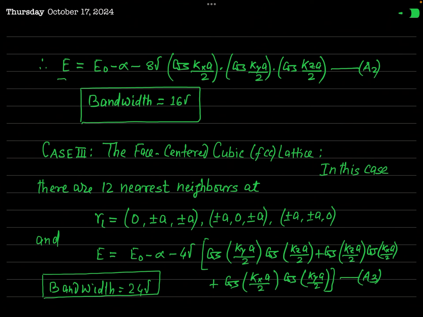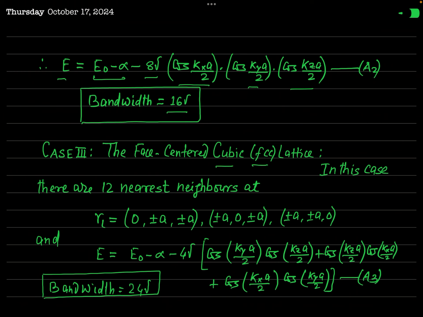Again E is equal to E naught minus alpha, which will remain at each, and here the term will be 8 gamma times cos kx a over 2 times cos ky a over 2 times cos kz a over 2. See that in this case the bandwidth is equal to 16 gamma.